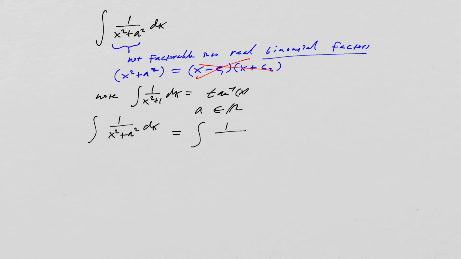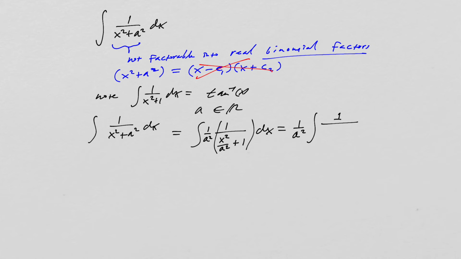But what we can do is, I'm actually going to factor out the a squared, like that. So the 1 over a squared can come out of the integral.